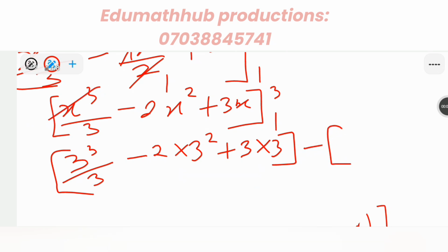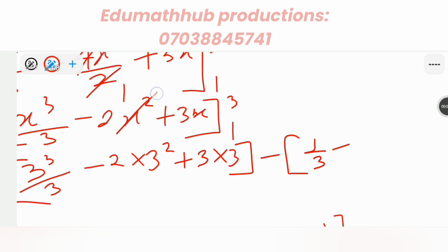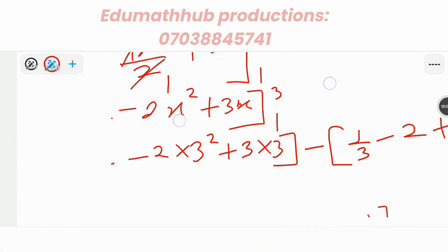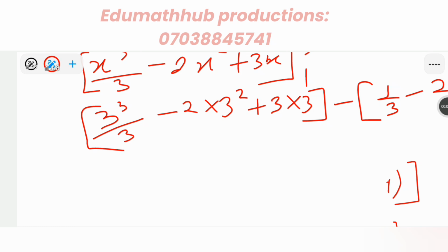I put in 1. Anywhere you see x, just put in 1. So you will get 1 to the power 3, same thing as 1. So you get 1 over 3 minus 2 times x squared. If you put 1 there, 1 to the power 2 is the same thing as 1. Minus 2 plus 3 times 1, 3. So if you simplify further, 3 to the power 3 is 27, right? 27 divided by 3 will give you 9.